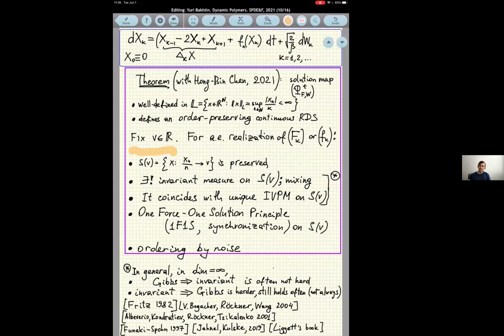In infinite dimensions, this is harder than in finite dimensions. The part where Gibbs implies invariance is relatively easy, and that's valid under very broad assumptions. The fact that invariant measures have to be Gibbs is harder, and there are counterexamples where this doesn't hold true. I'm referring to these papers. This is probably not exhaustive.